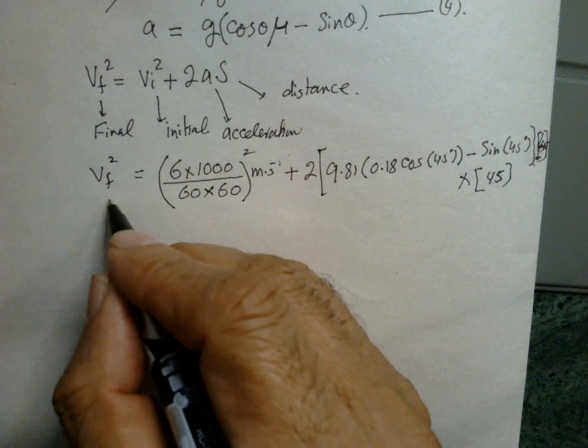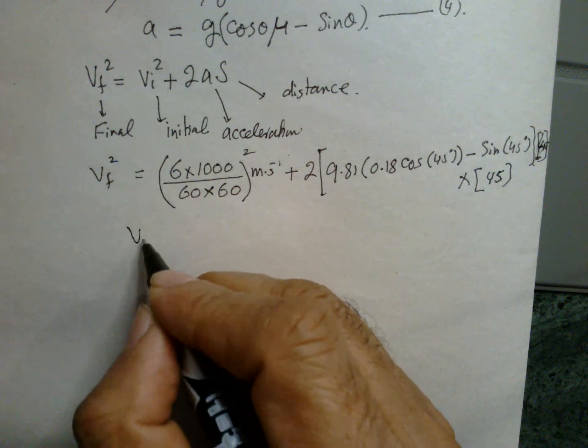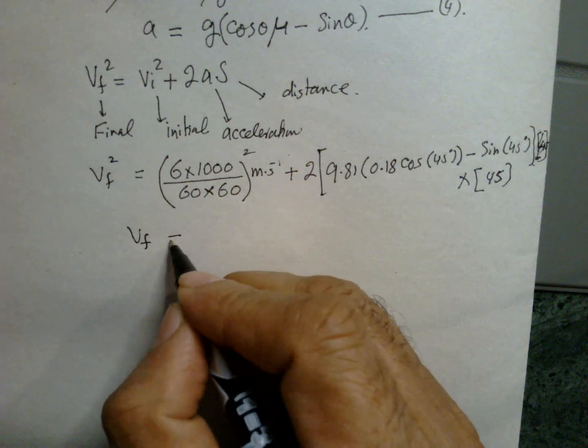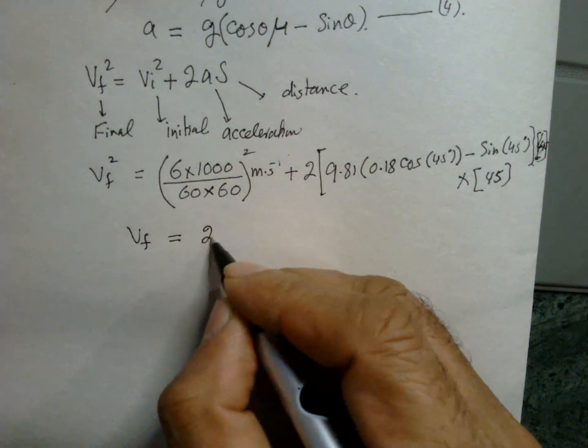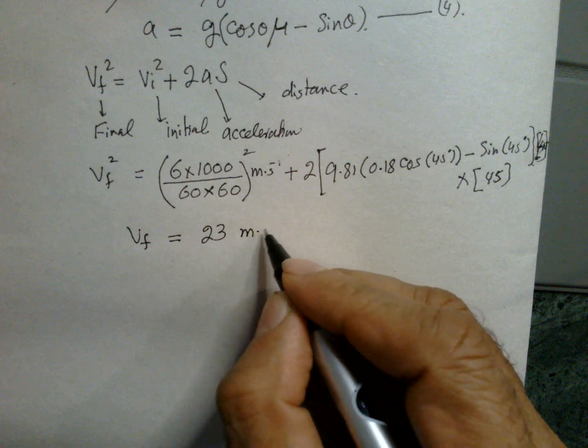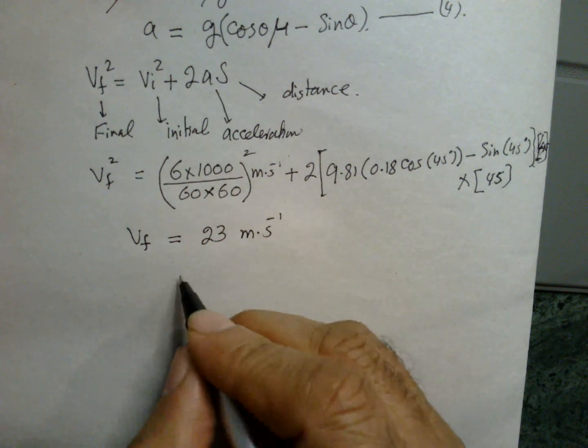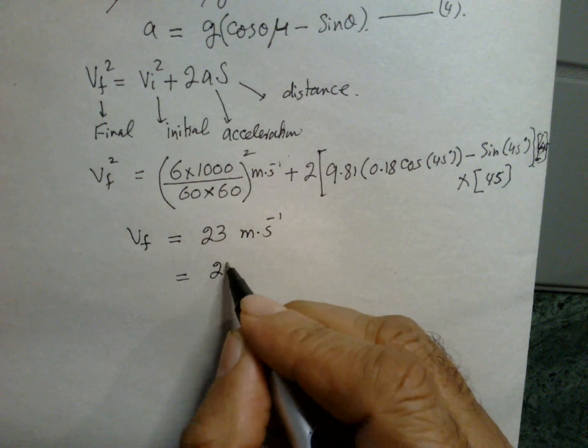If you calculate this, then we will have Vf equal to 23 meters per second.